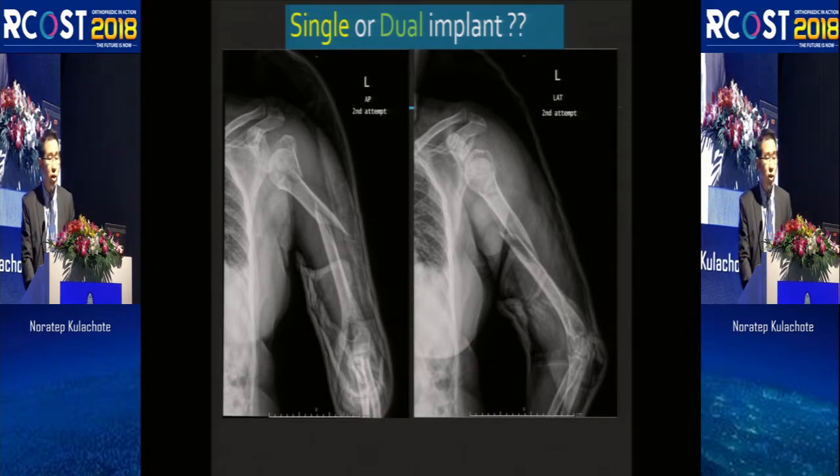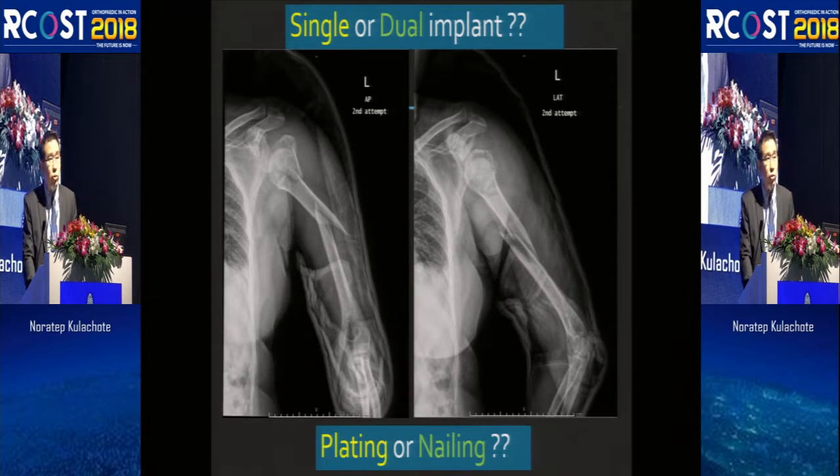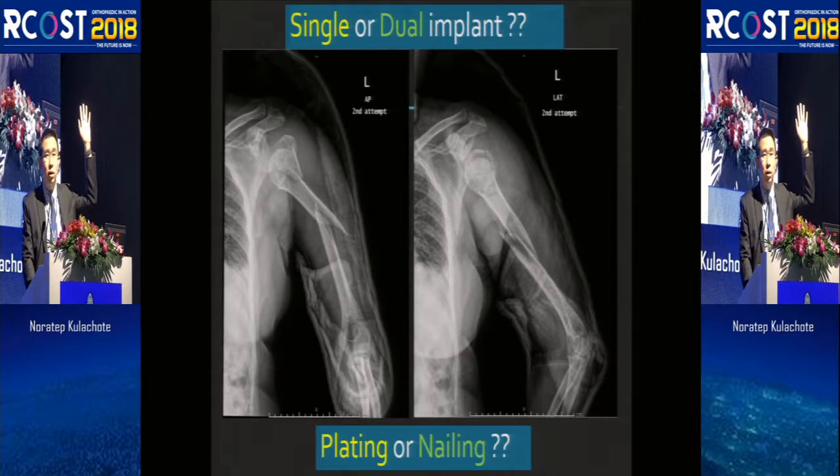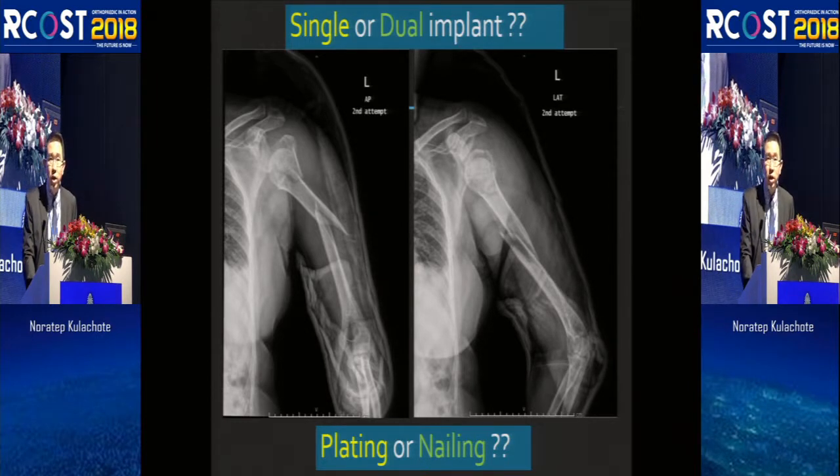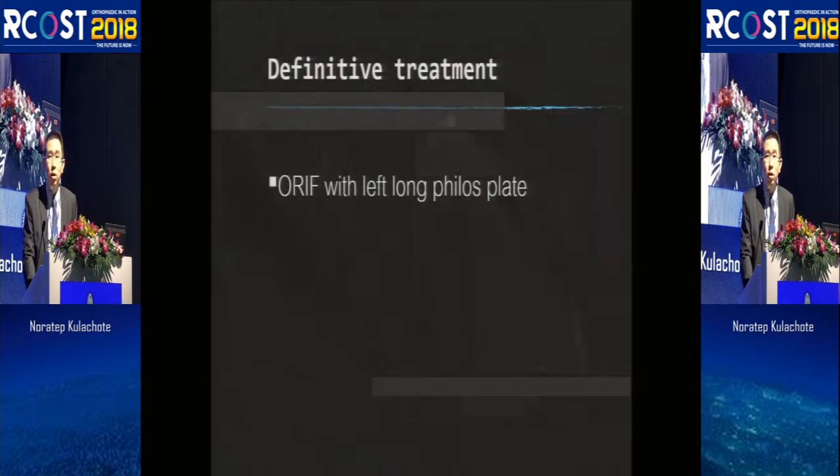Okay, the majority use a single implant. And the second question is, who prefers to fix this fracture with the plate? Please raise your hand. And who will fix this fracture with the nail? Okay, thank you. So mainly we prefer to fix it with the plate.